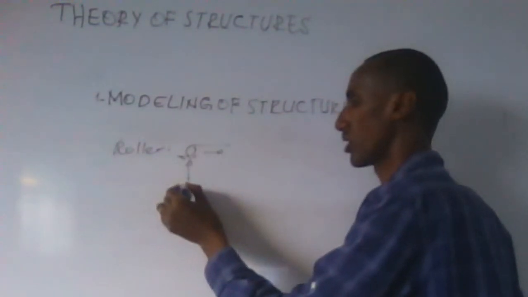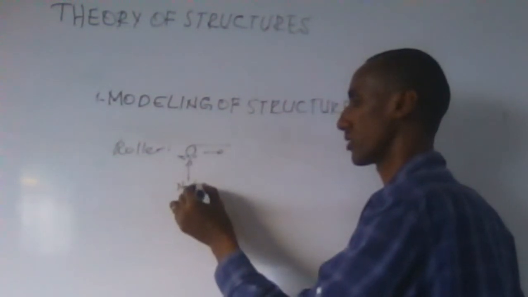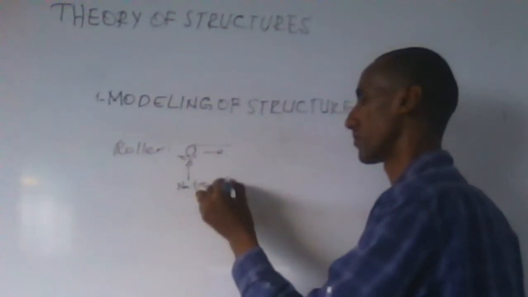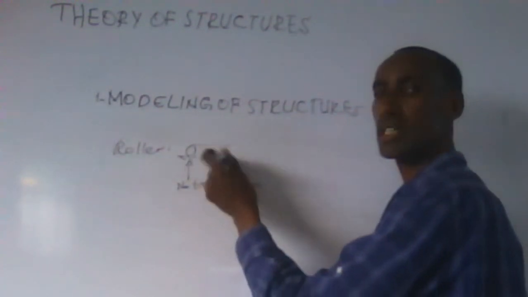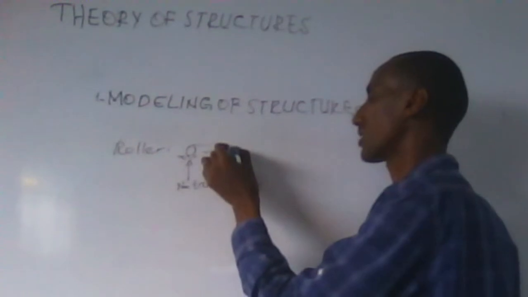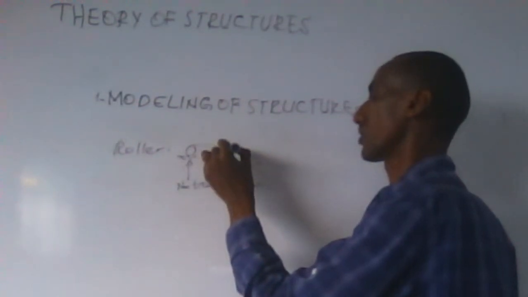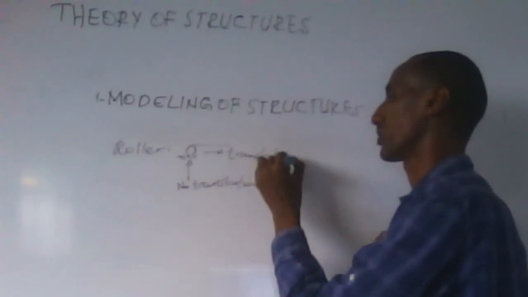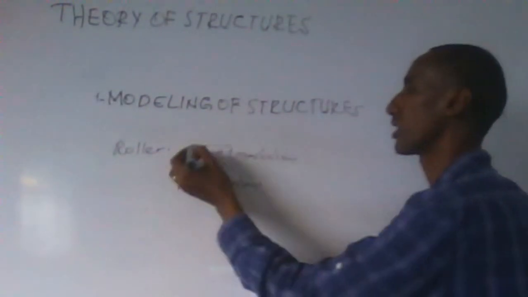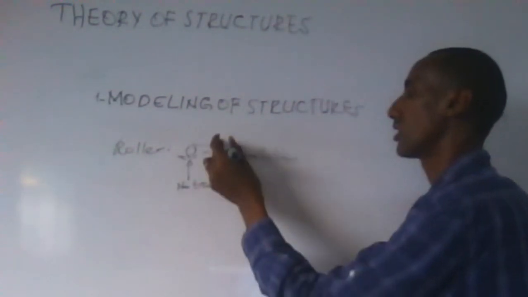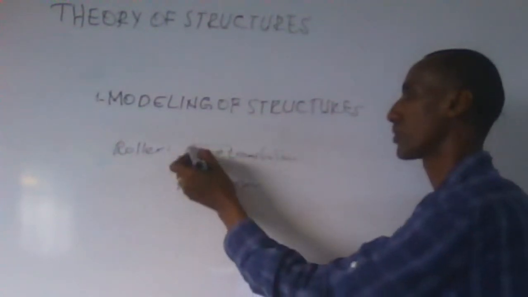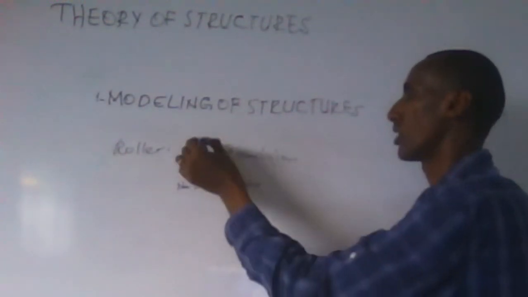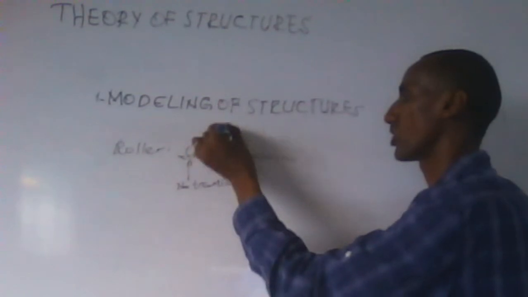So here, no translation along y. But along the x, either positive or negative, translation is possible, okay? And as you see here, the member can rotate about this point freely. So rotation is allowed.